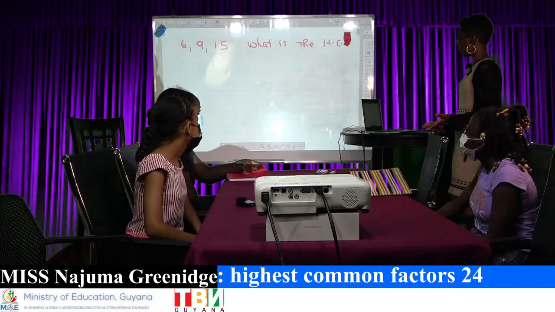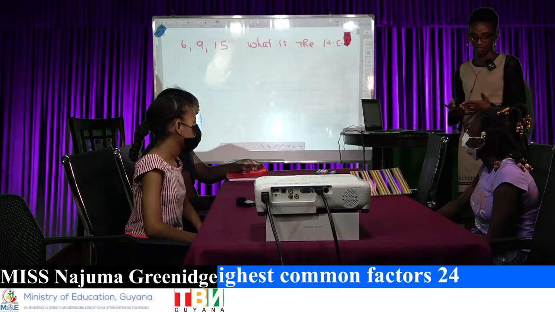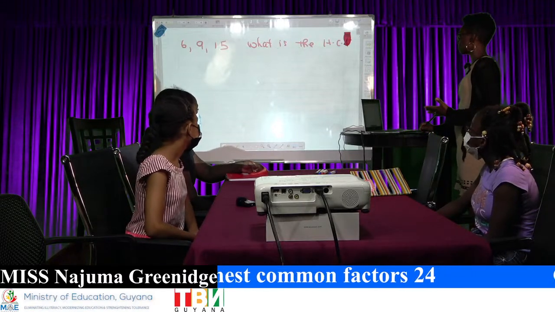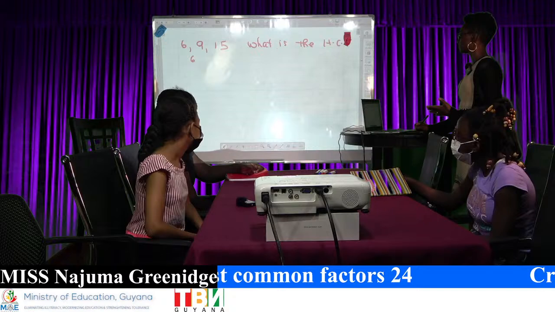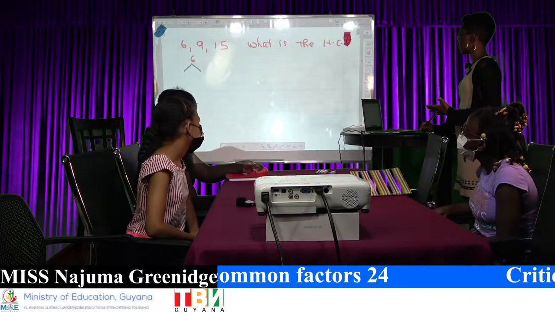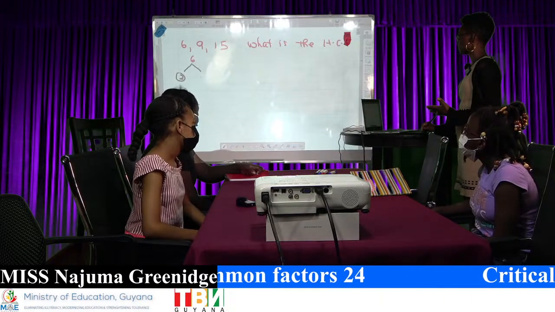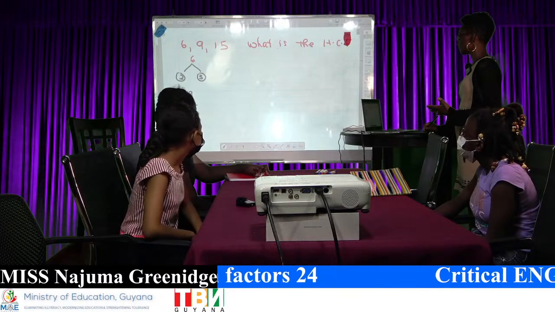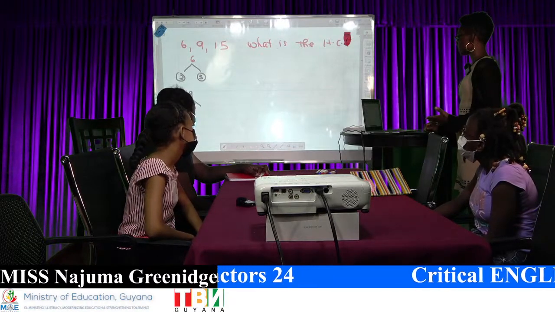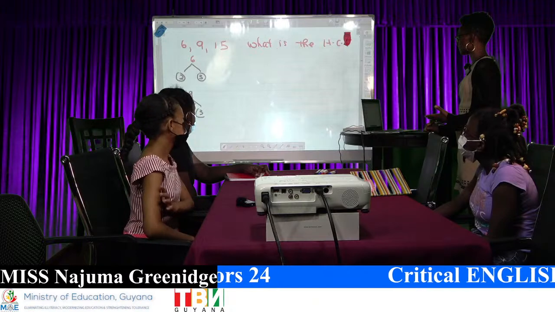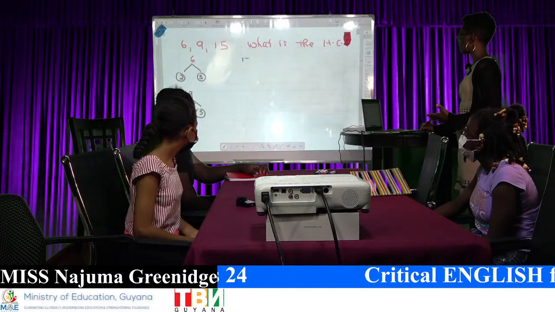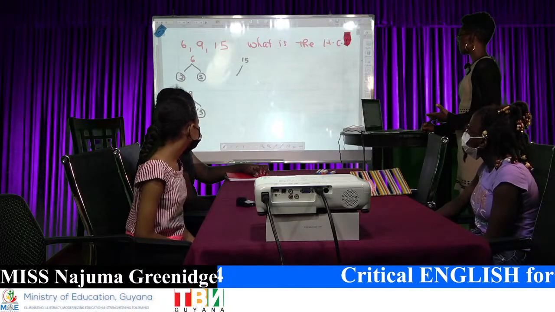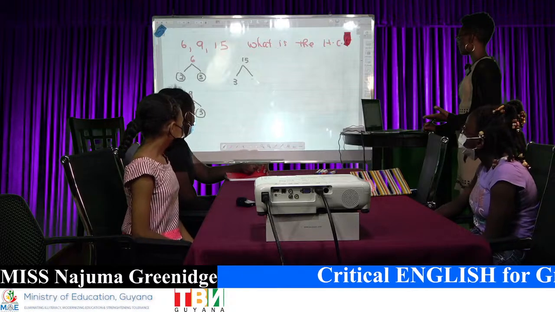Alright? So in a case like this, you go through the same pace. So you examine 6 first. We know it's 2 times 3. Then we go through 9. And we know 9 would be 3 times 3. And then when we go through 15, start off with 3 times 5.